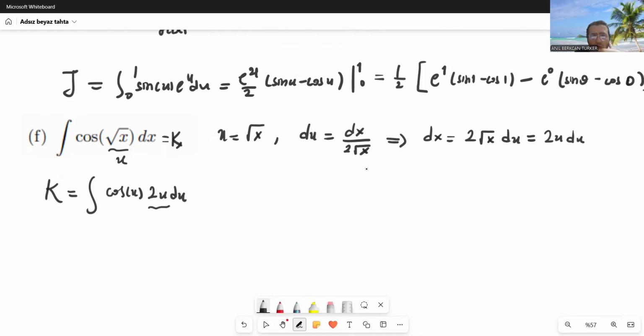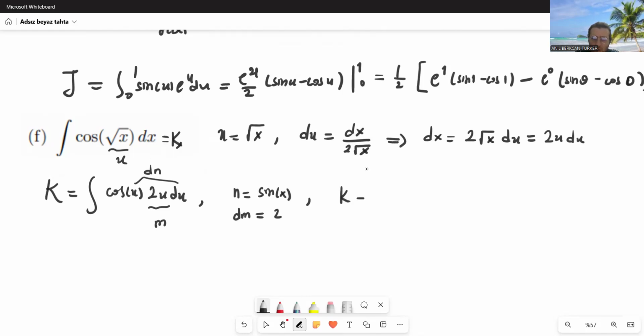Let me call this part m, and this cosine part dn. So n becomes sine, and dm becomes 2 du.